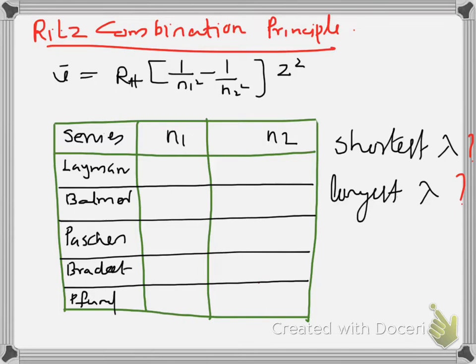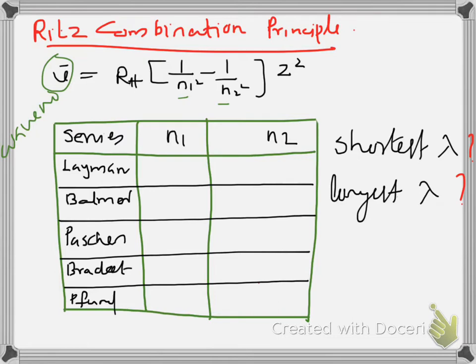Next one, Ritz combination principle. It is actually related to the spectrum of hydrogen. Wave number of spectral line. Wave number is the number of waves in unit length. Wave number equal to RH into 1 by n1 square minus 1 by n2 square.